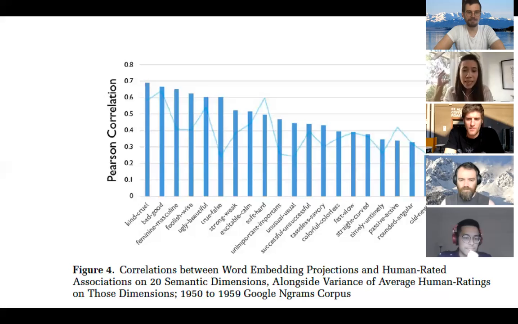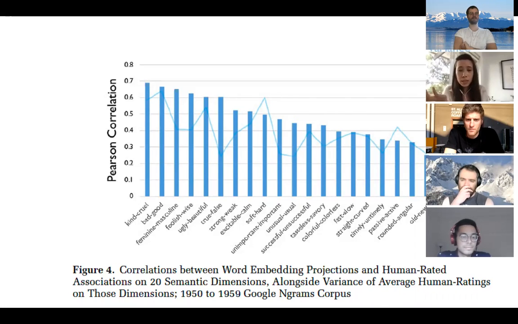But anyway, taking these ratings from this historical paper, they train a word embedding model on Google Ngrams text from 1950 to 1959, and then look at the correlations in these dimensions. And you can see it does pretty well. They find statistically significantly positive correlations along all 20 scales, with some dimensions like kind, cruel, good, bad, masculine, feminine being impressively high.